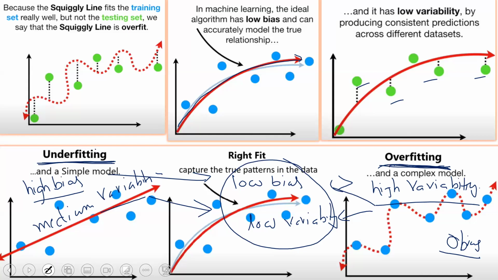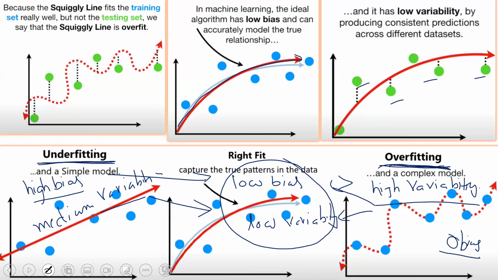That is called bias and variance trade-off. Trade-off means you need to make sure the value of the bias and the variability is lying between overfitting and underfitting for the model which has the right fit. You should not overfit the model, or underfit the model. You need to make sure the bias and the variability of that particular model is in between underfitting and overfitting.